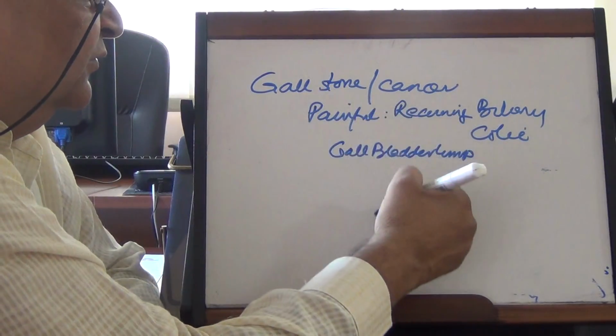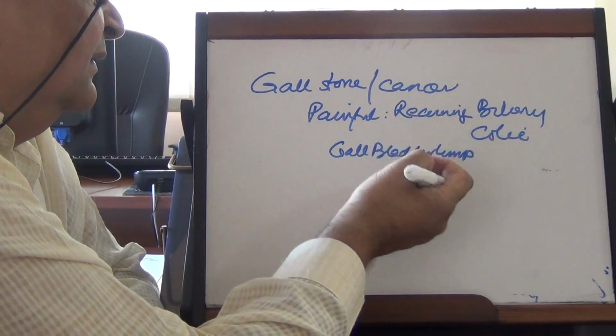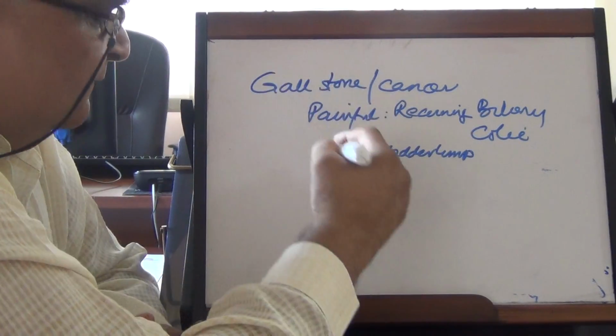When one of the stones goes into the bile duct, there is this jaundice.